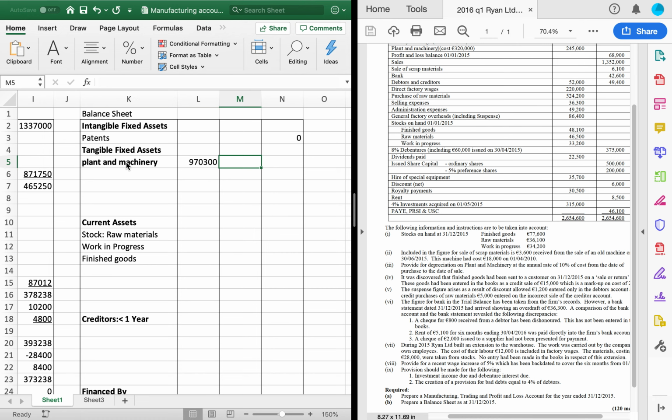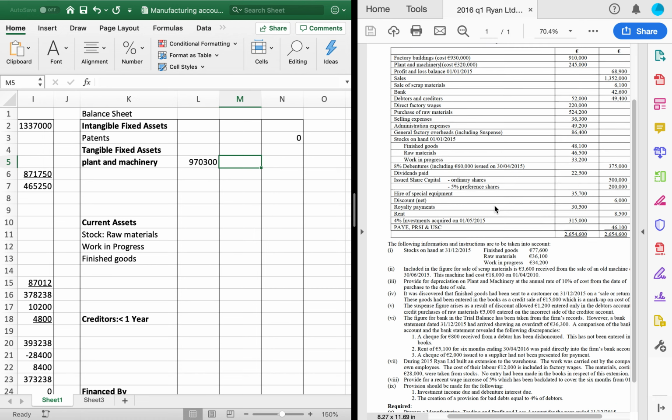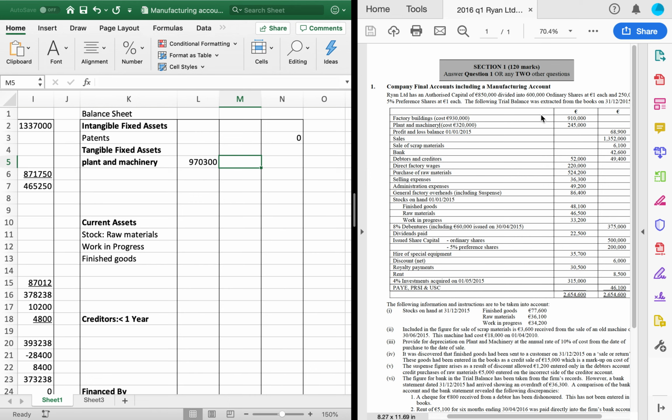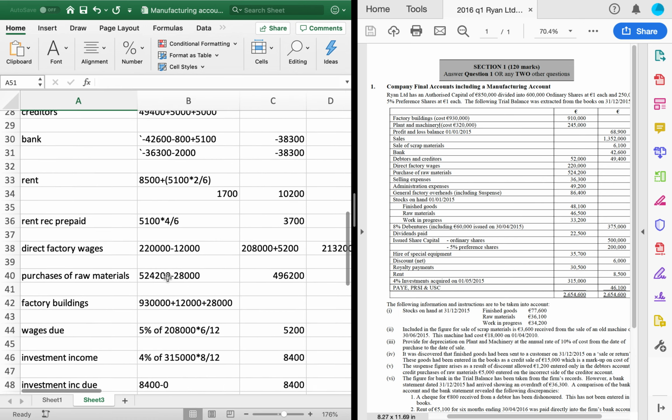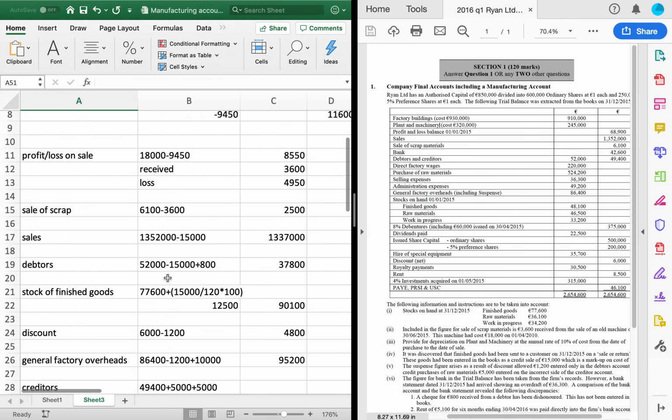There was accumulated depreciation at the start of 20,000. There was nothing new, so it's still 20,000. So that's 950,300. Sorry, that was buildings, wasn't it? So then you've got your plant and machinery, which starts off at 302. Take away your accumulated depreciation, again find your working here.